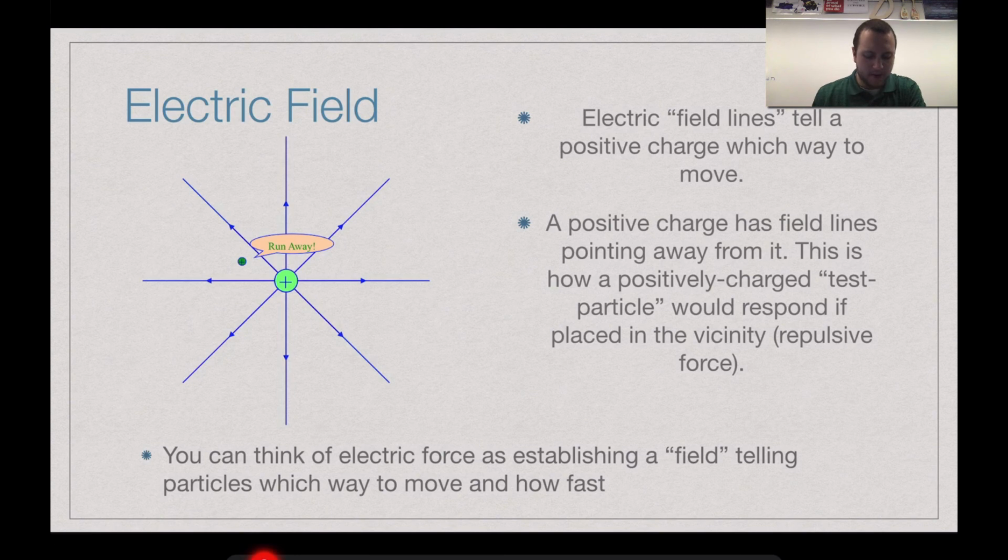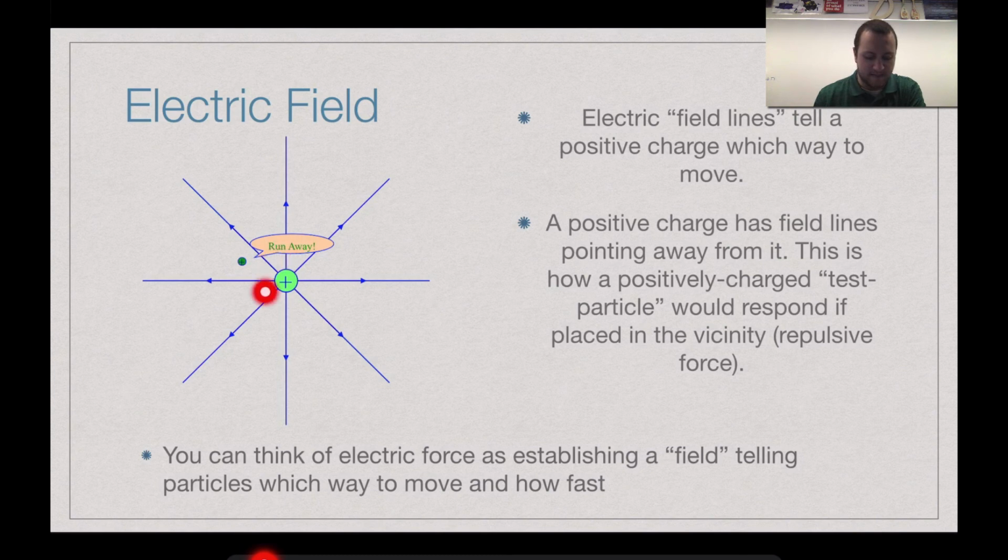The big point here is we always reference this as what a positive charge would do, which feels backwards based on the knowledge that the negative charges, the electrons, are going to be the ones that are actually doing the moving. So we place a positive test charge in the vicinity here, and we see which direction it would move.